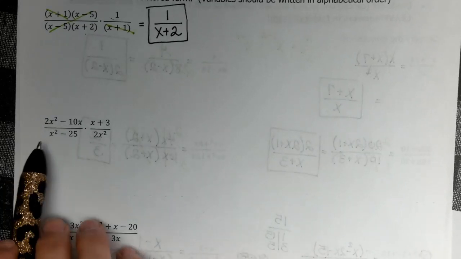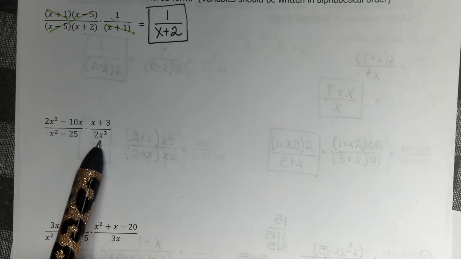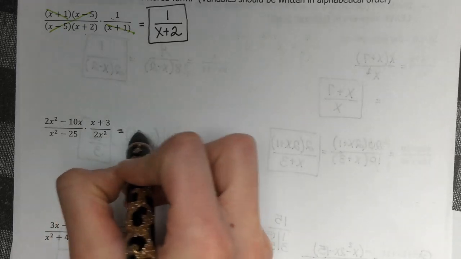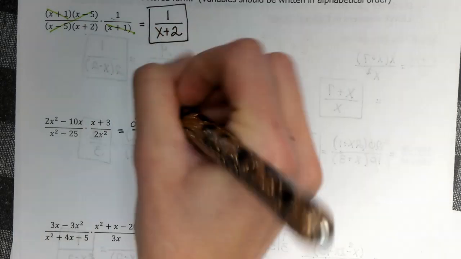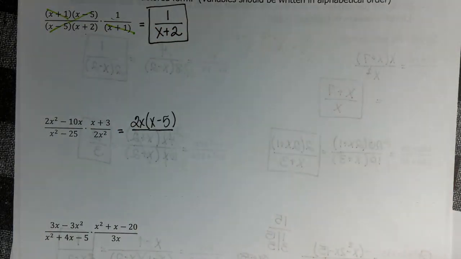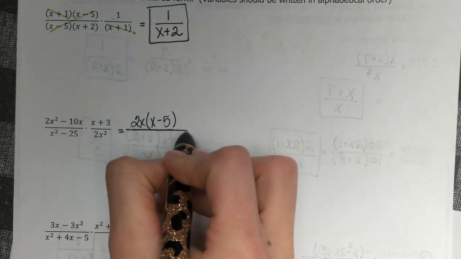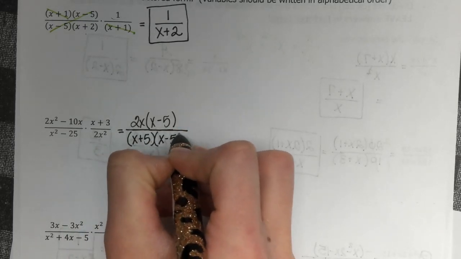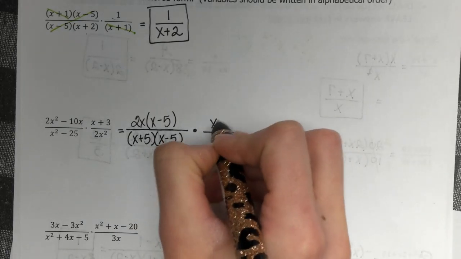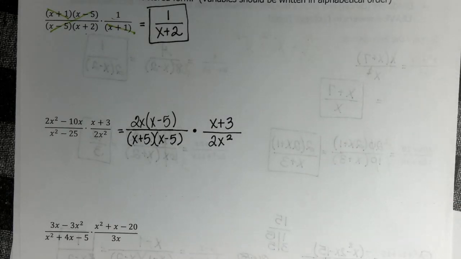So I have 2x squared minus 10x over x squared minus 25 times x plus 3 over 2x squared. So this numerator, 2x squared minus 10x, what can I factor out? 2x. And that leaves me with x minus 5. And then my denominator, x squared minus 25, what does that factor to? Times x plus 3, 2x squared. So what can I cross out?